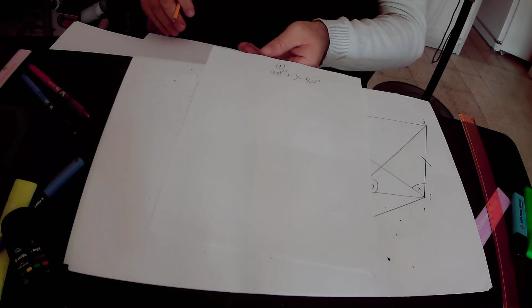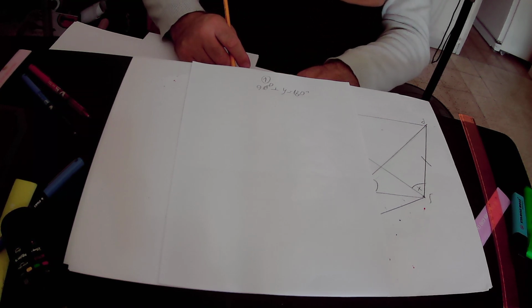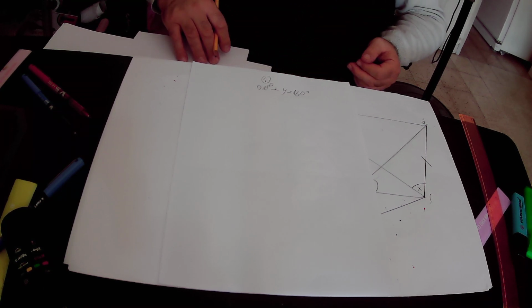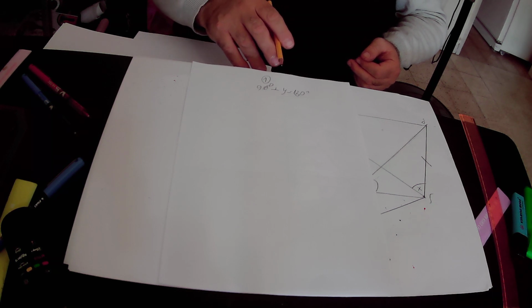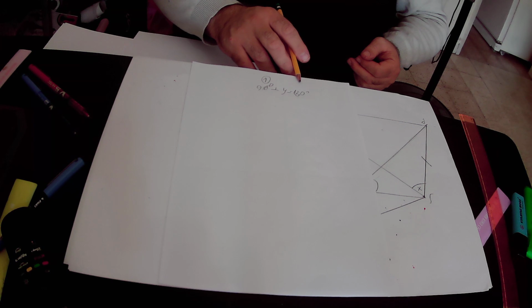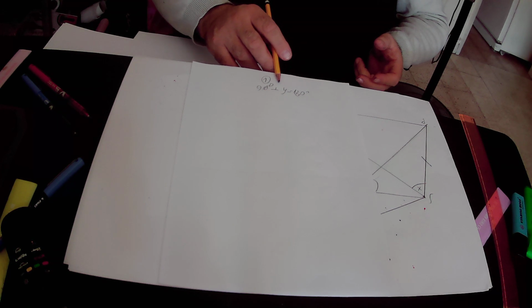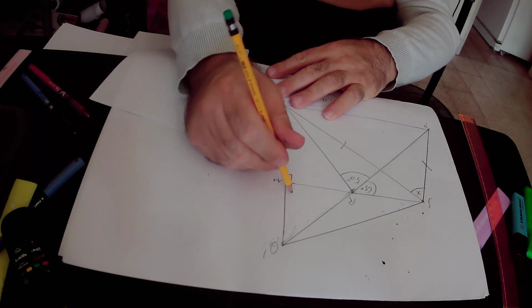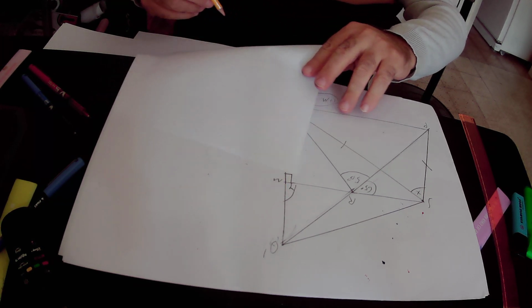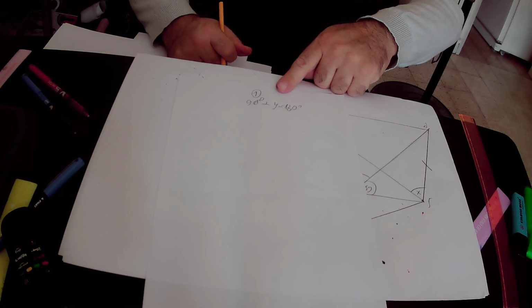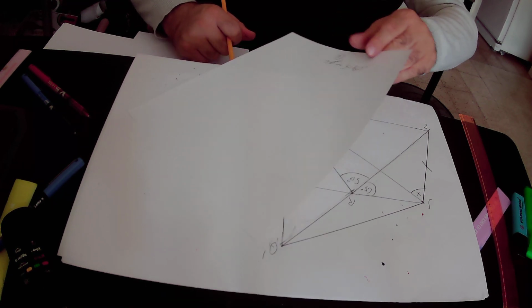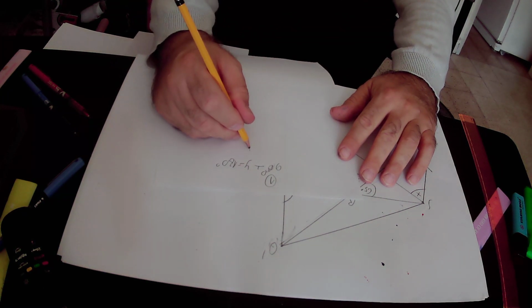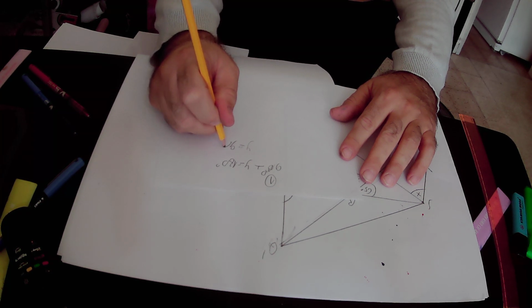According to the rule that the sum of the angles on a straight line equals 180 degrees, at point M the sum of the angles along the straight line Q dash equals 180 degrees. That is to say, 90 degrees plus the size of angle Y equals 180 degrees. Here we will subtract 90 degrees, and we will get that angle Y equals 180 degrees minus 90 degrees, which is 90 degrees.